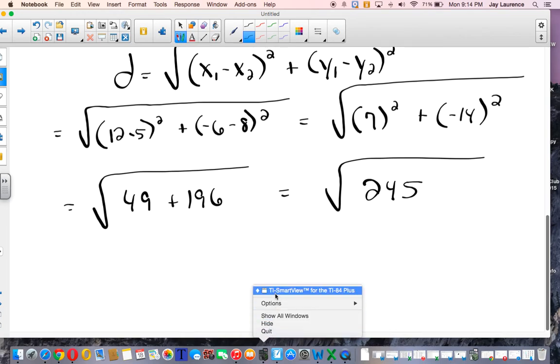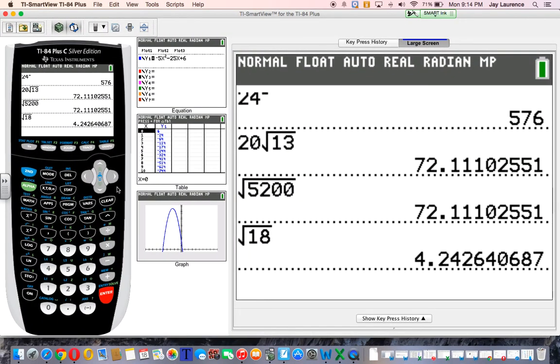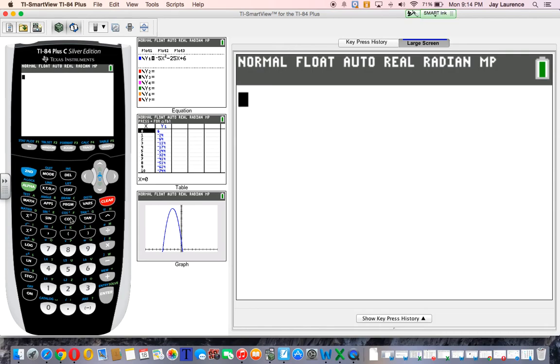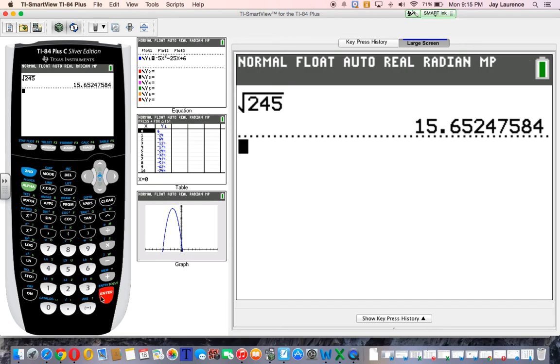So the square root of 245. Oops, I did it again, putting that unnecessary parenthesis in there. All right, and so it would be approximately 15.65. So that's it. That's the distance formula.